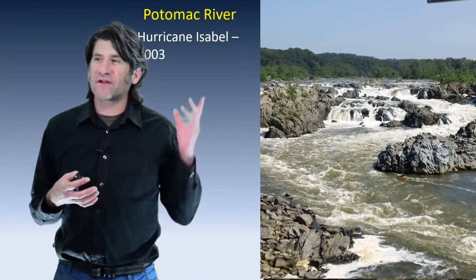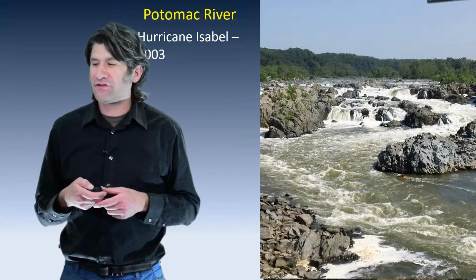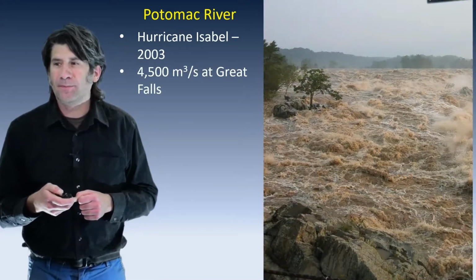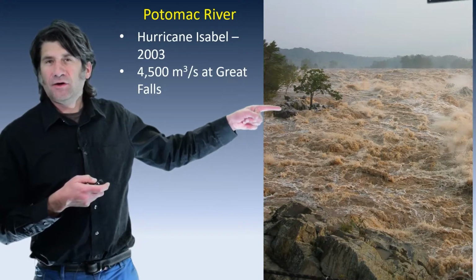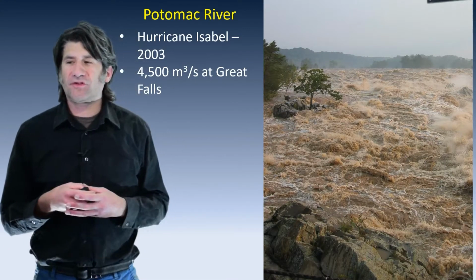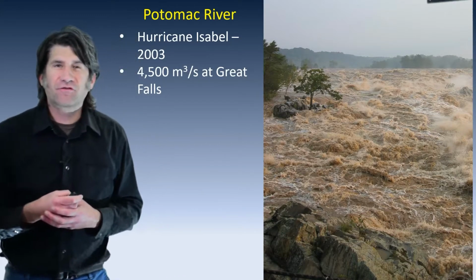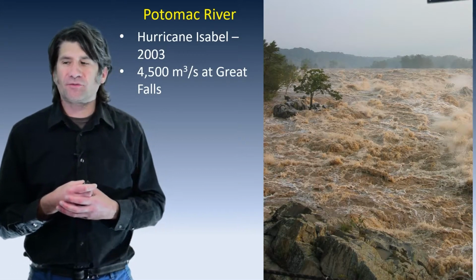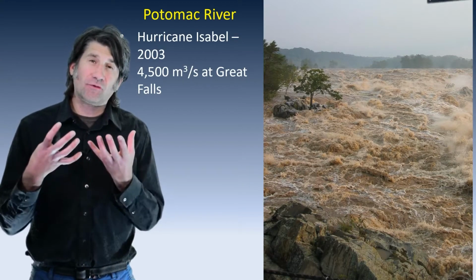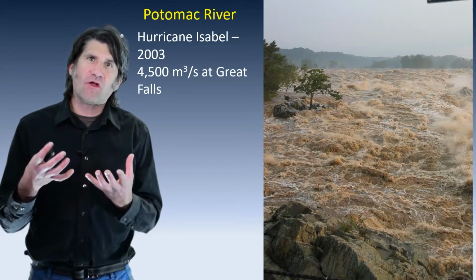So let's say we've got Hurricane Isabel from 2003. Let's look at what the Potomac looked like at this time. All right, repeat photography here, very, very different. This is Great Falls on the Potomac, and our discharge is 4,500 cubic meters per second. And so there's an immense amount of power associated with water of this volume flowing over the landscape.